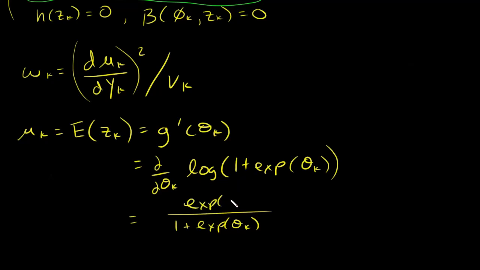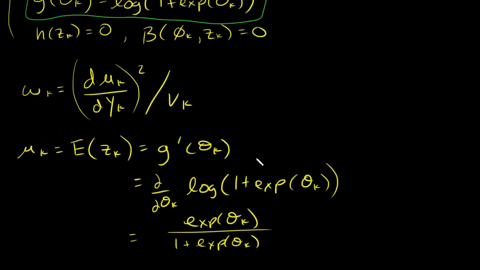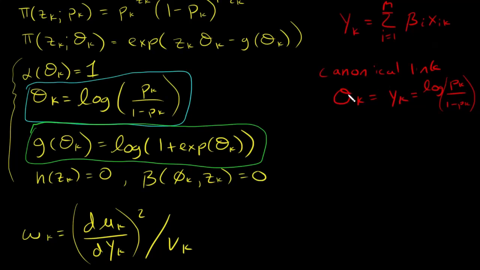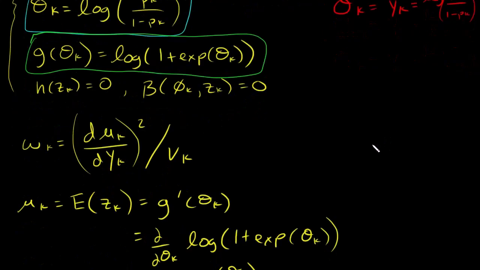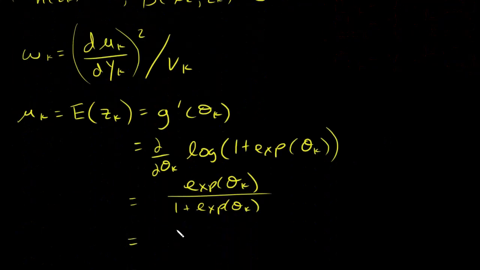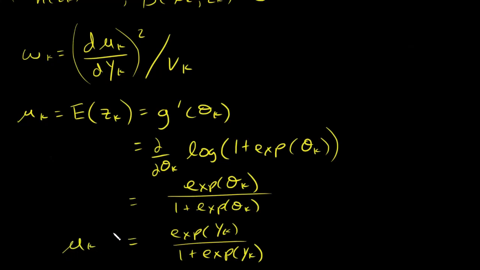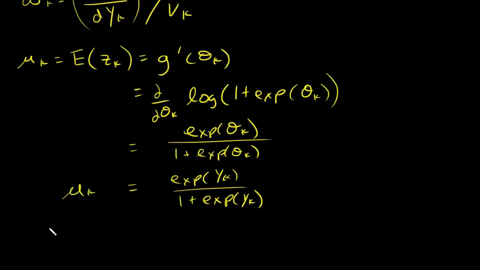All right, so that's what mu is. If I want to write mu with regards to y, remember that theta is y. So I could write this with regards to y, because I want to take the derivative with regards to y. Theta is y, according to the canonical link. All right, so now I can find the derivative with regards to y.